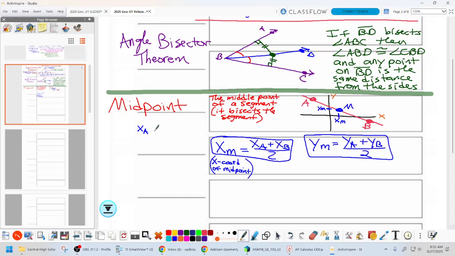So if you want to clarify that, X sub A, Y sub A, X sub B, comma, Y sub B are the coordinates of the endpoints. Just so you have some clarification there. Okay?